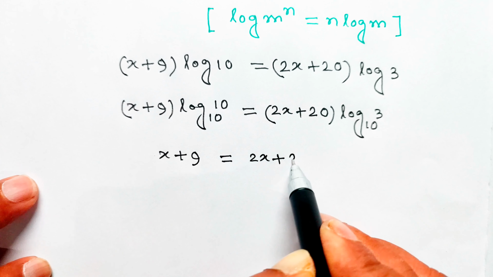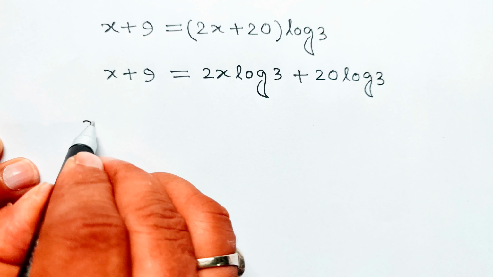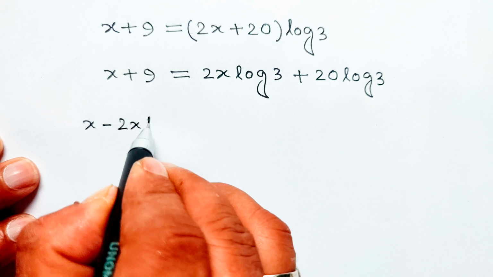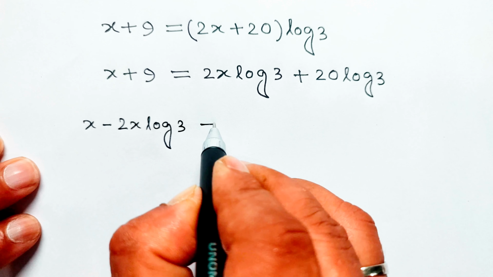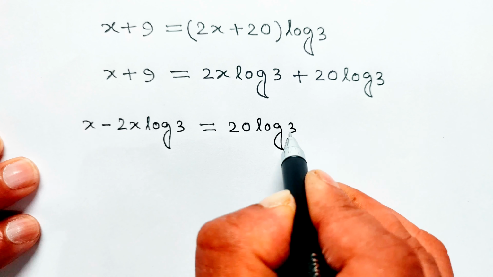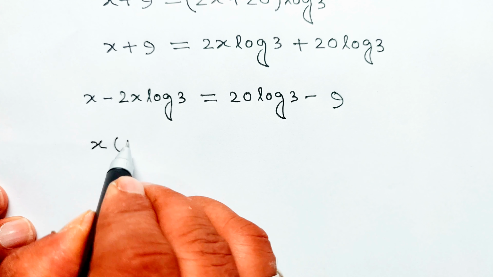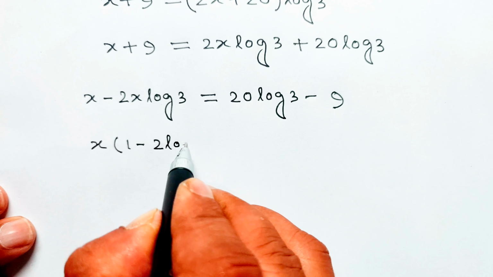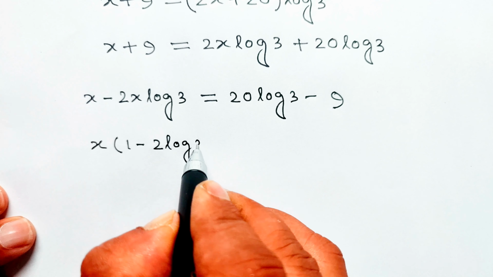Then x plus 9 equal 2x log 3 plus 20 log 3. x minus 2x log 3 equal 20 log 3 minus 9. x common, x into 1 minus 2 log 3 equal 20 log 3 minus 9.